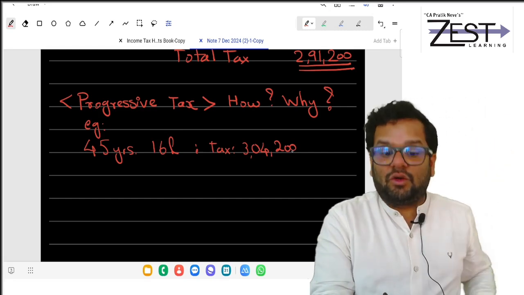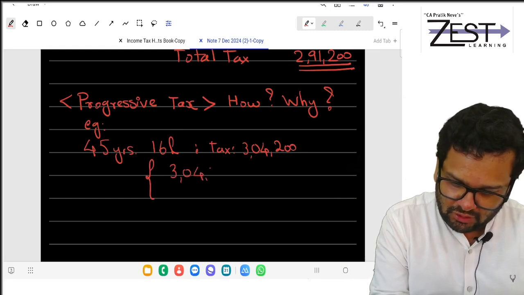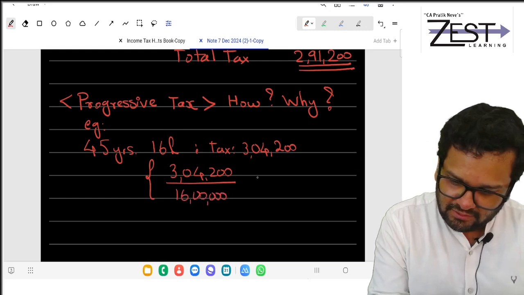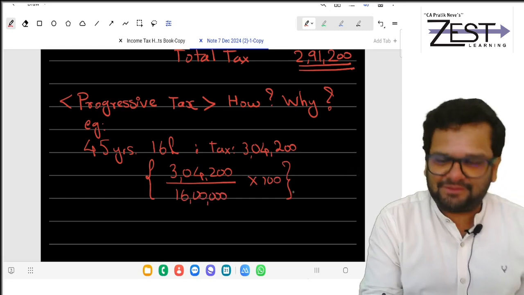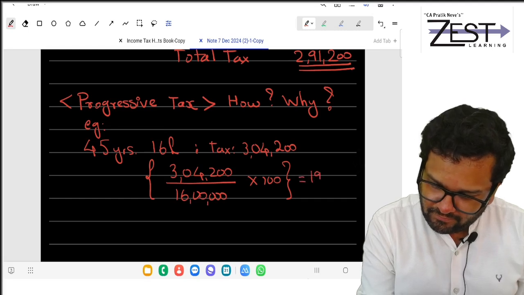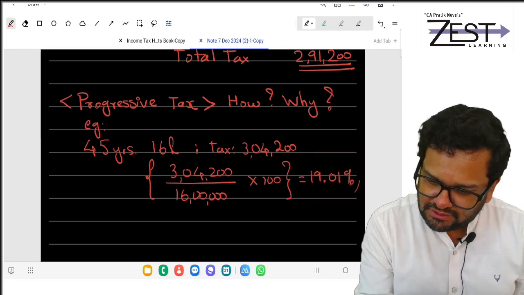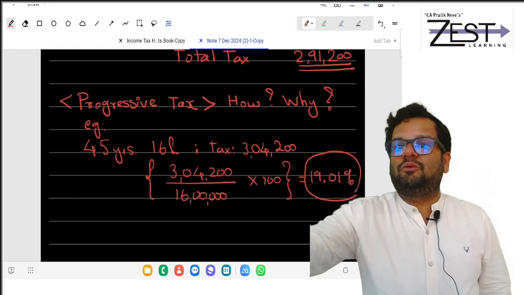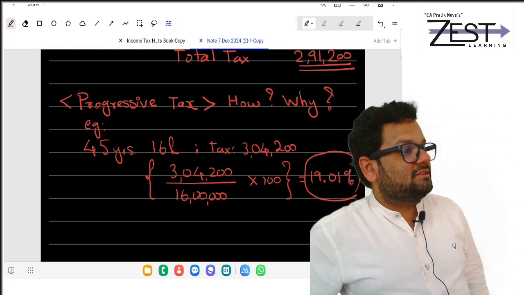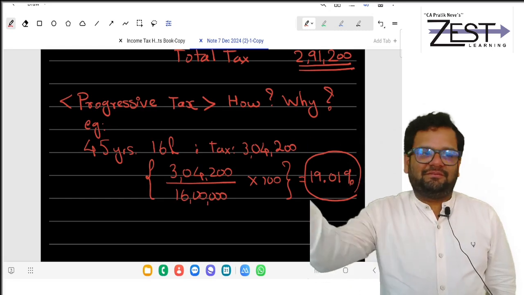Can you tell me what is the effective rate of tax here? He is paying 3 lakh 4,200 upon 16 lakh, what is it in percentage terms? Can I say 19.01% of his income is going to government as tax? Means 1/5 of the year he is working for government.